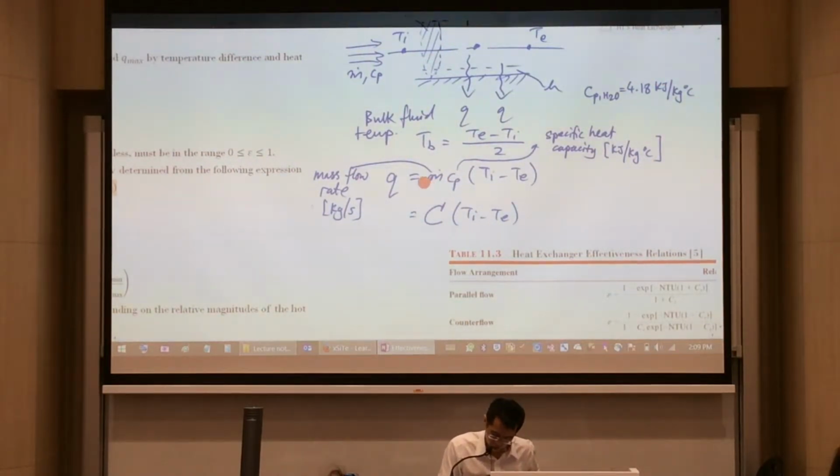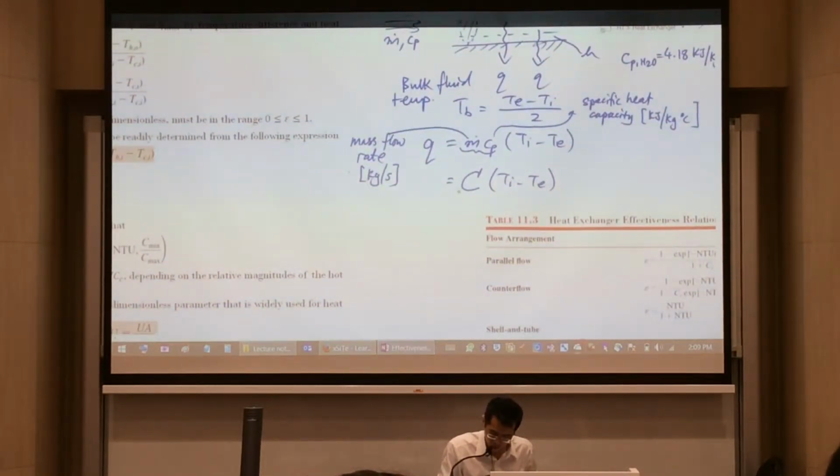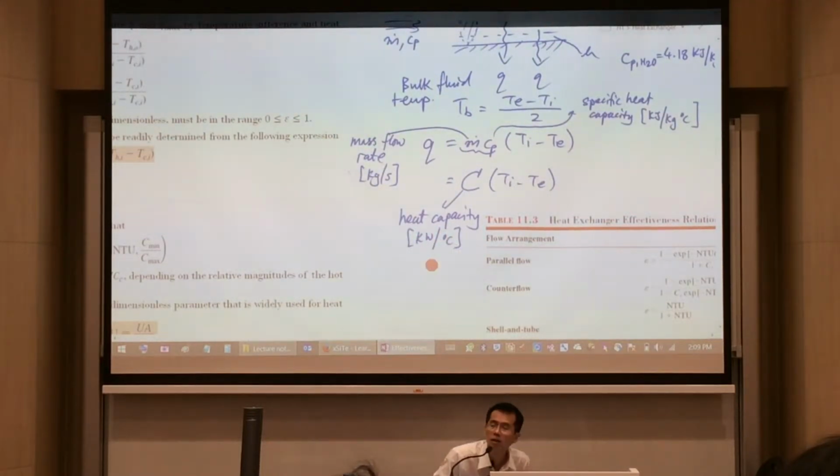So these two terms in combination will give you this capital letter C. And capital letter C is what we call the heat capacity. And heat capacity would have the units of kilowatts per degree Celsius. And what it means, again, is that for this material, if I want to increase it by 1 degree Celsius, that is the amount of work or the power that I need to put into that material.